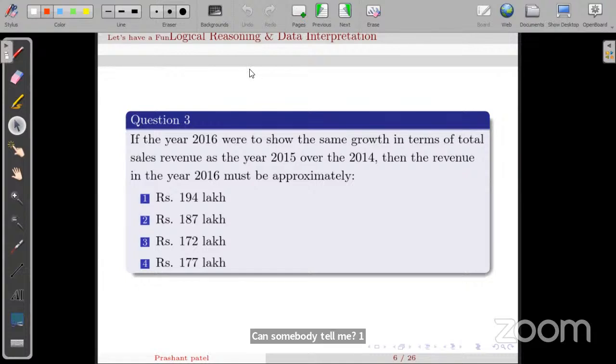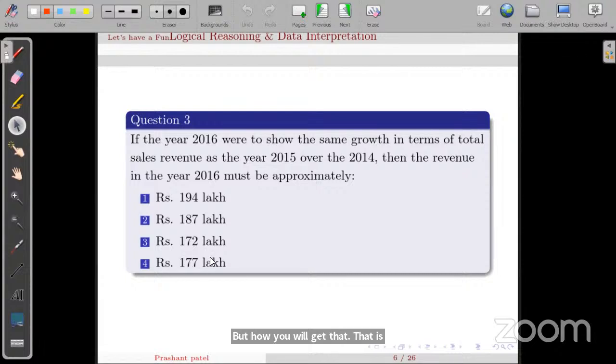Very good, Dharmesh, you are very quick. But how you will get that?